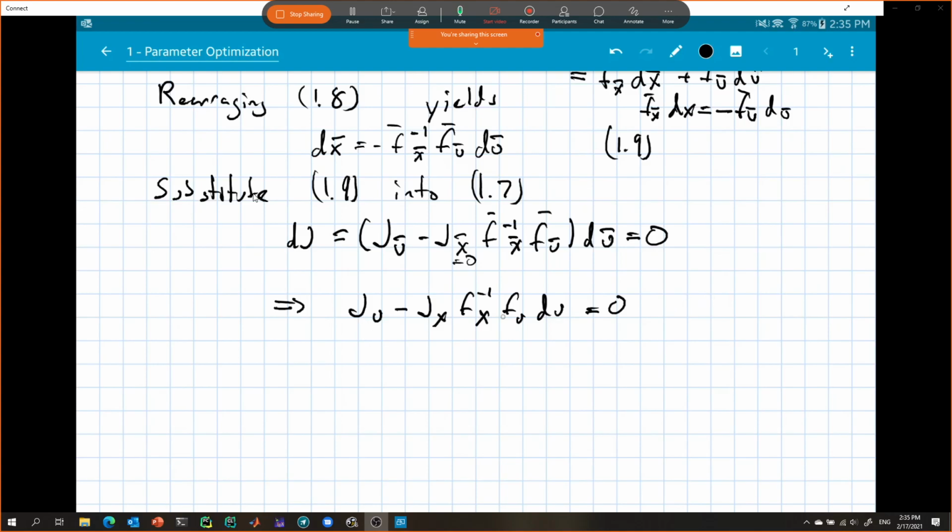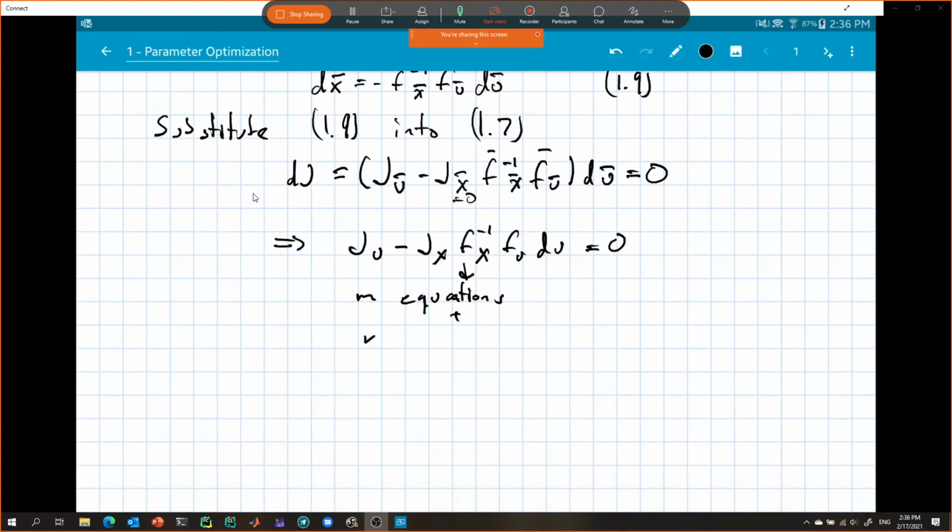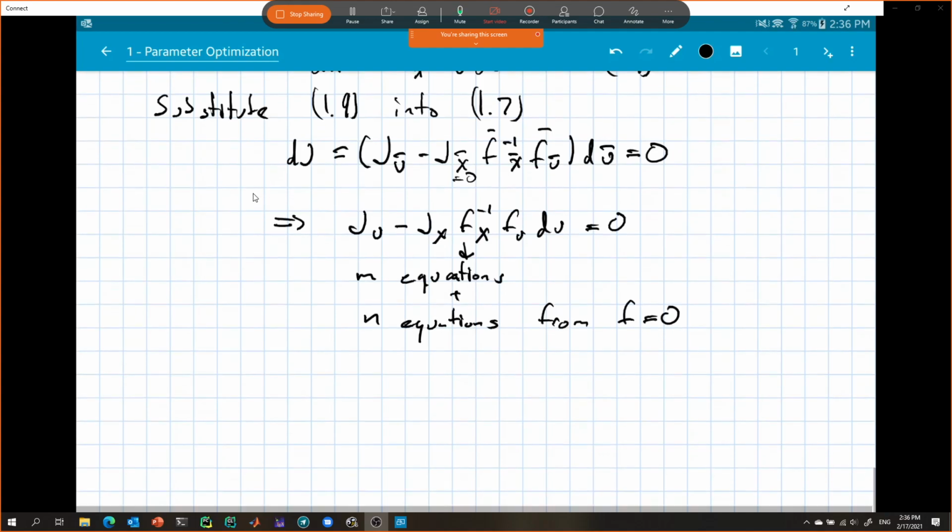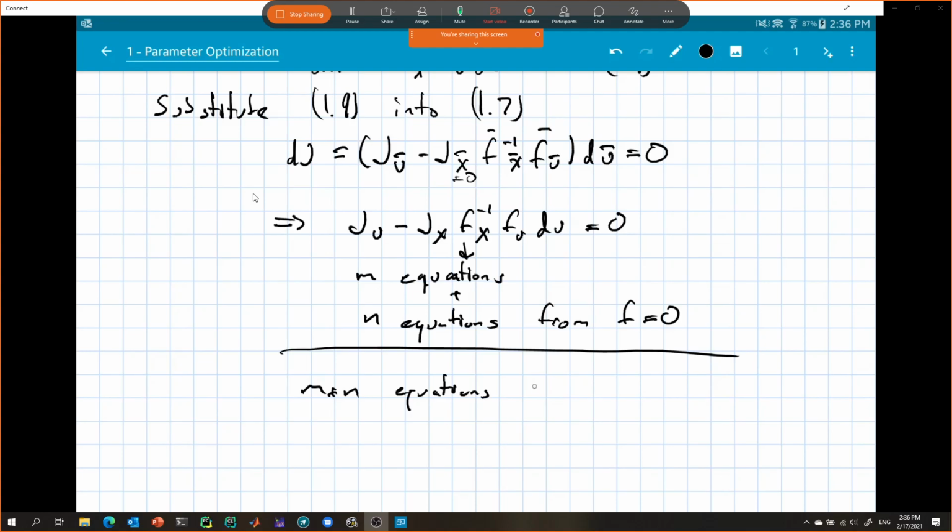So this gives us m equations, and then we add that to the n equations from f equal to 0, and that's where we get our m plus n equations for m plus n unknowns, and those are x and u.